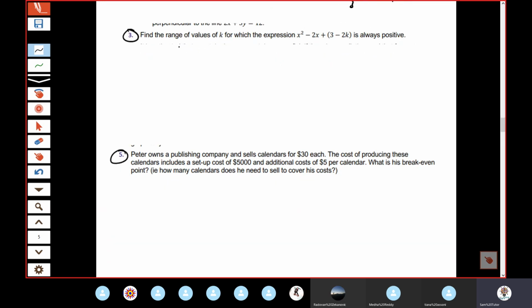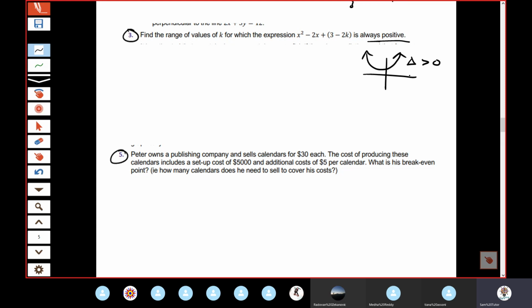Good job. Find the range of values of k for which this is always positive. For a parabola to always be positive, it means that the discriminant needs to be greater than 0. The logic to it is if it's always positive, so it's always above the x-axis, then it's got no roots.